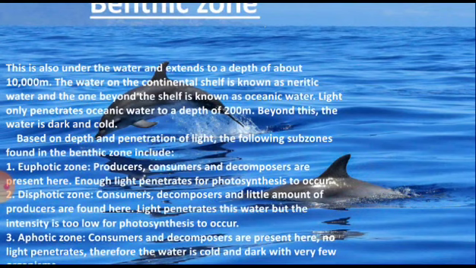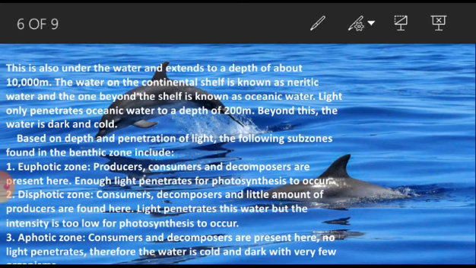Now, we look at the benthic zone. This is a zone under the water and it extends to a depth of about 10,000 meters. But please note that as of the current research, no living being or no recorded research has been known to determine the total depth of the ocean.